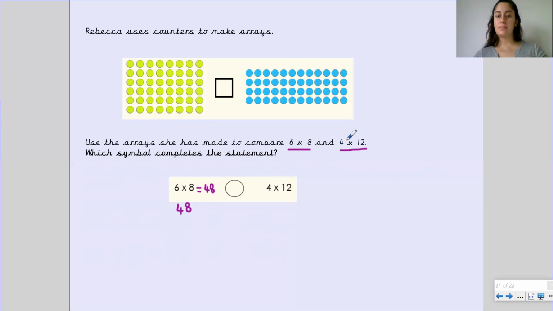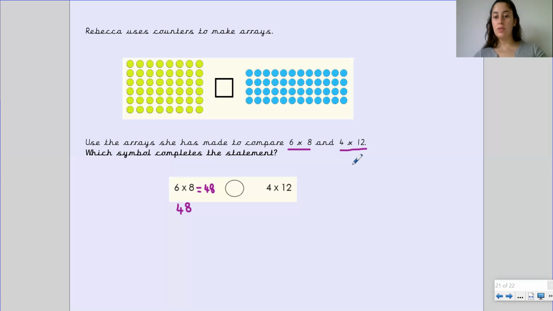Okay, now I'll tell you the method that I used to calculate 4 times 12. I know that I can use my 2 times tables to help me with my 4 times table. So I know that 2 times 12 equals 24. So I would need to double that to get the answer to 4 times 12.